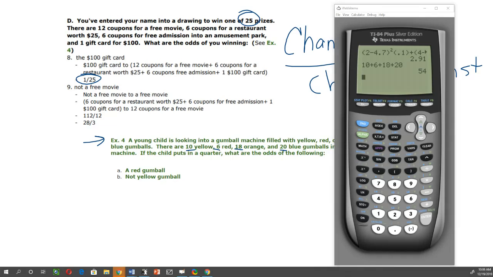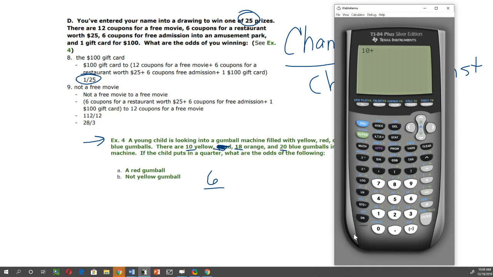Because the first one, it says, what's the chances or the odds for a red gumball? So we look at the red gumball. There's 6 red gumballs. How many are not red? So we're going to add up the ones that are not red. Which ones are not red? Clear this. So I'm adding up 10.